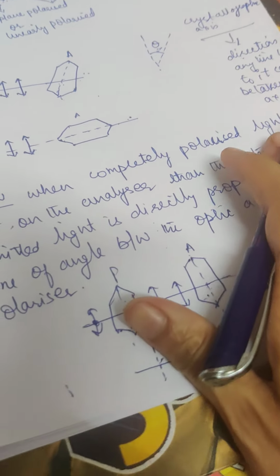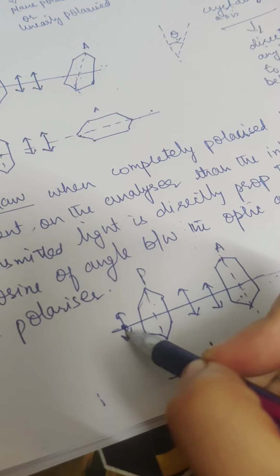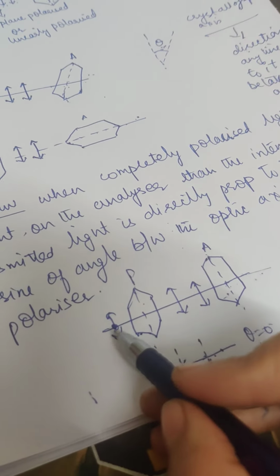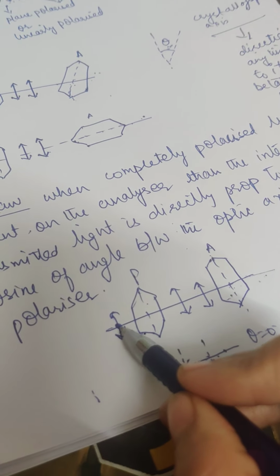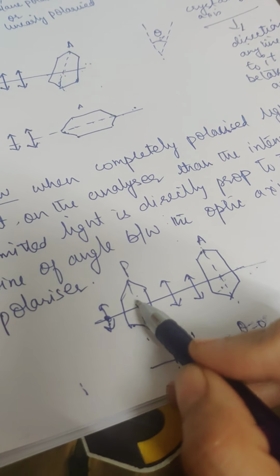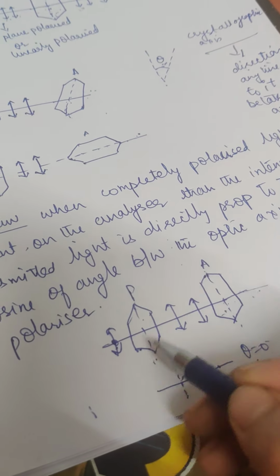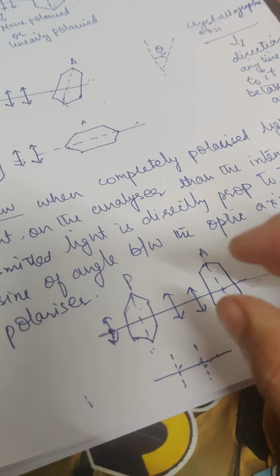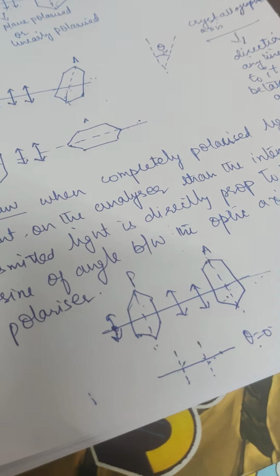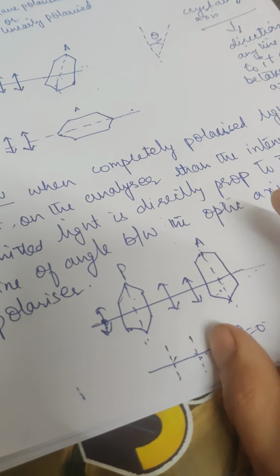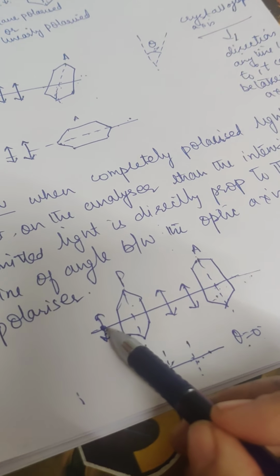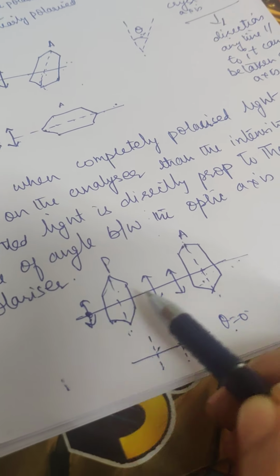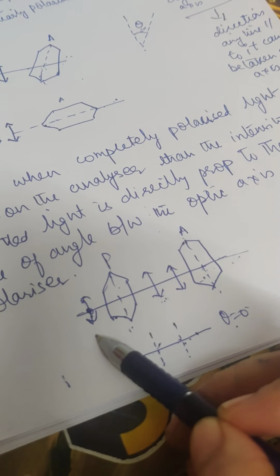And when light gets polarized, one electric field vector gets absorbed by this crystal, because I told you it has the special property: when the light falls on that particular axis, only that light passes and the rest of the vibrations get absorbed. So the intensity of the polarized light is always less than the intensity of unpolarized light.